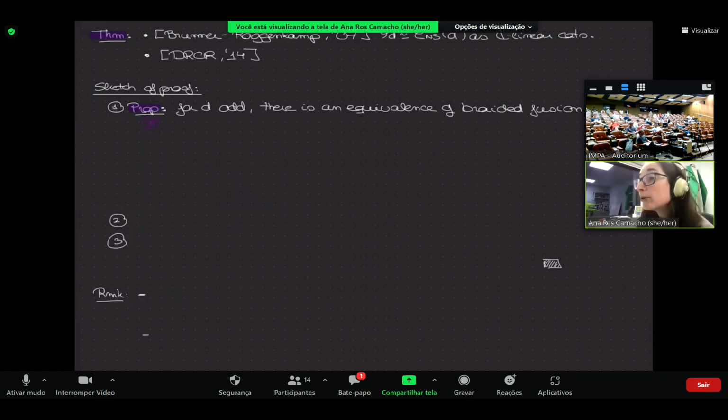And we improved this result, stating that they were tensor equivalent. And shame on us for the odd only. The odd is because of the way the proof was constructed. So for the odd, we actually found the following equivalence of braided fusion categories.